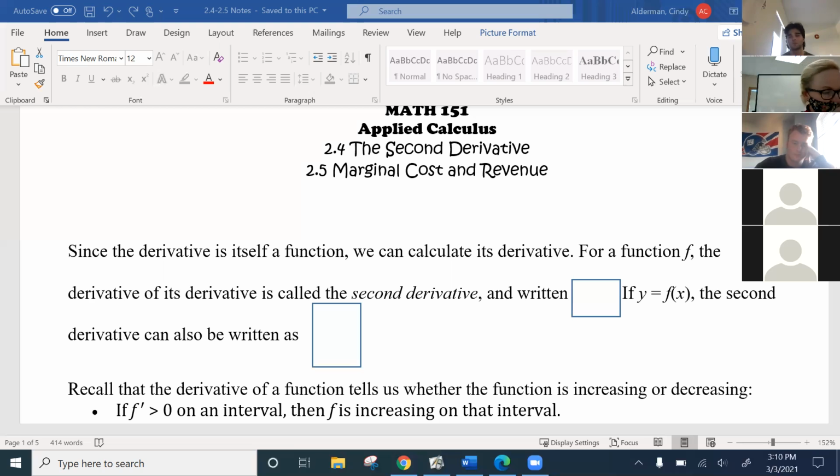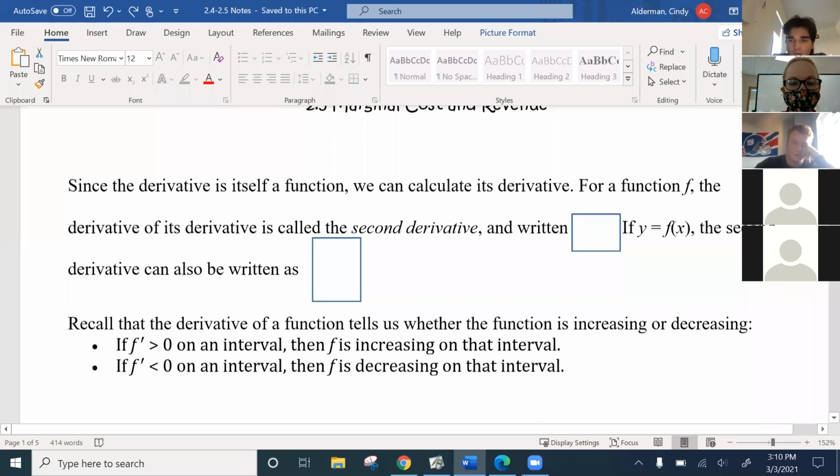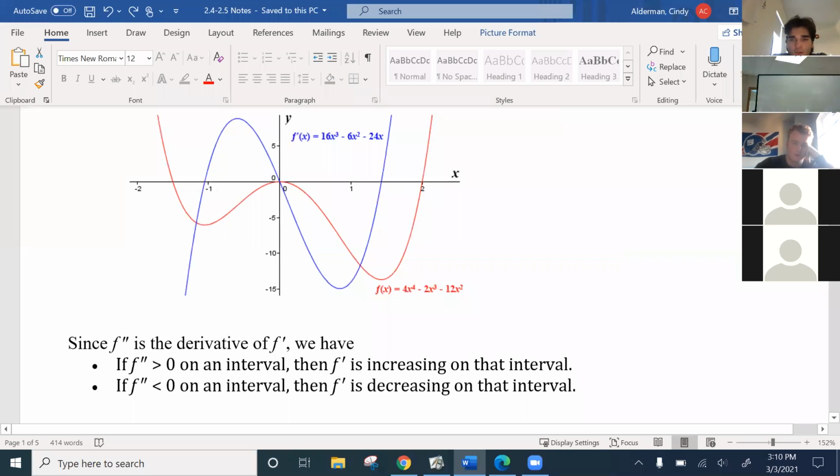The reason is that it passes the vertical line test, right?